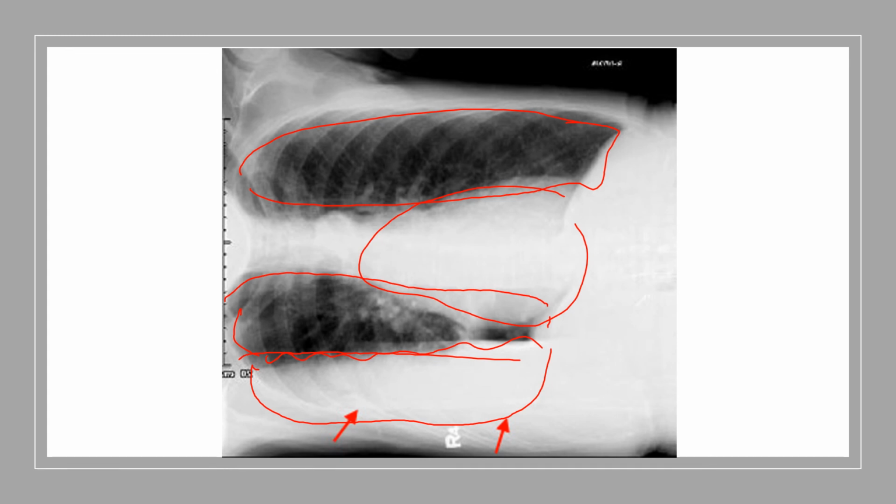On your board exams, they always ask about position for an x-ray. In a lateral decubitus, which is what this patient's in, they're laying on their right side, so this is right side dependent. The lateral decubitus is perfect for looking at things like a pleural effusion, and it shows other things too, but that's the big thing we'll talk about here.